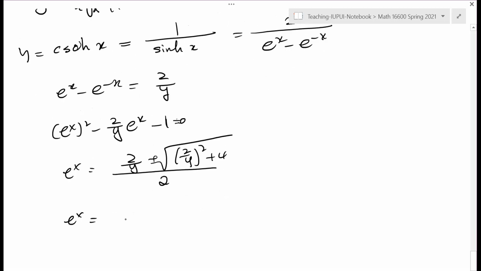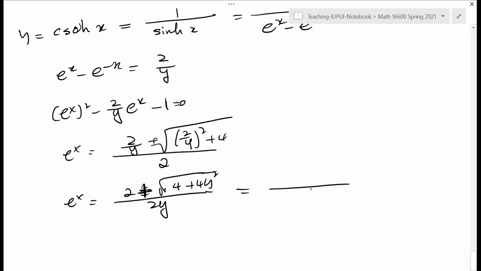So e to the x should be 2y over, and I think 2 is also canceled out, it's going to be plus the square root of 4 plus 4y squared, and then cancel 2. So that is e to the x.